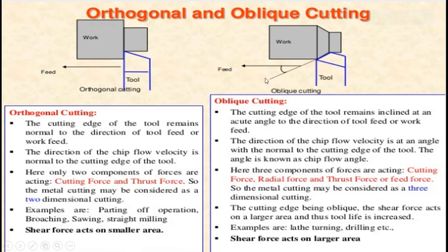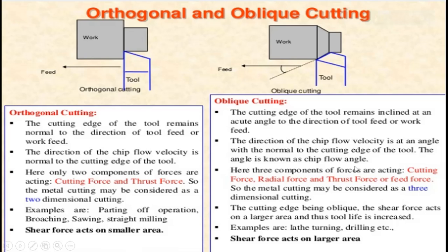The direction of chip flow velocity is normal to the cutting edge in orthogonal cutting, whereas in oblique cutting, the chip flow velocity is at an angle with the normal to the cutting edge of the tool. This angle is known as the chip flow angle, that is, the angle made by the chip when it travels over the surface of the cutting tool.